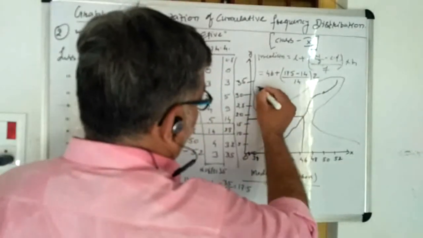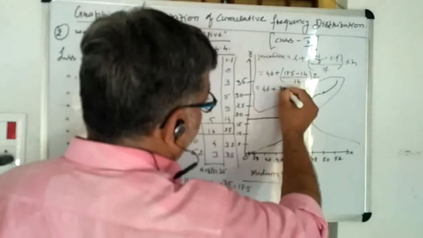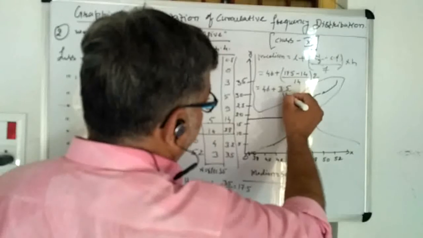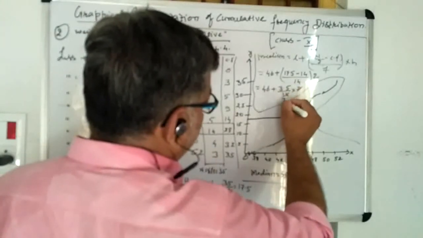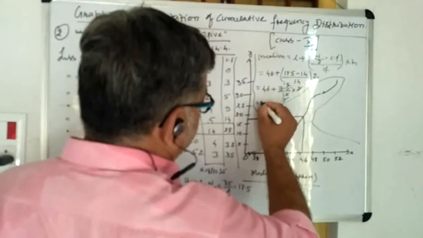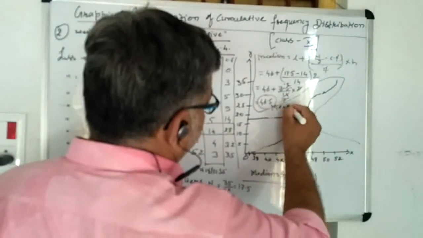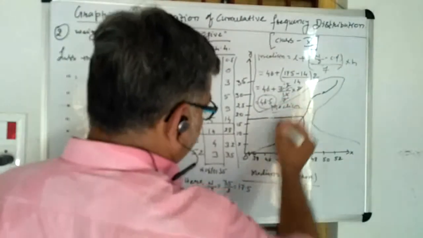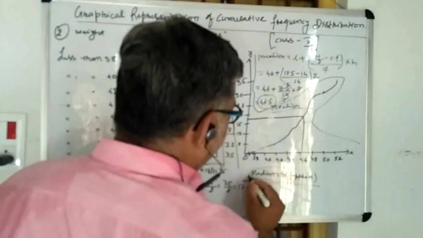So you simplify this: 46 plus 3.5 by 14 into 2. So it will be 46.5 is the required median, which by graphical method we have written as 46 approx.